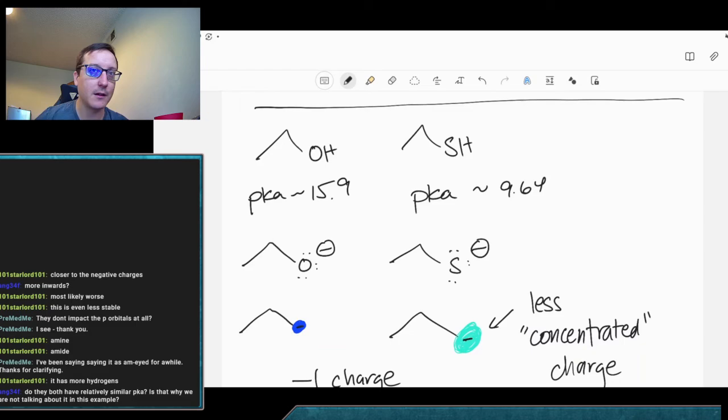Does that kind of address that question? So I wouldn't say these are similar pKs. A difference of 1,000,000. Similar pKs, I would say, 10 versus 10.5. Like, that would be similar. But anything where you have more than an order of magnitude in between them, I would say it's significant.